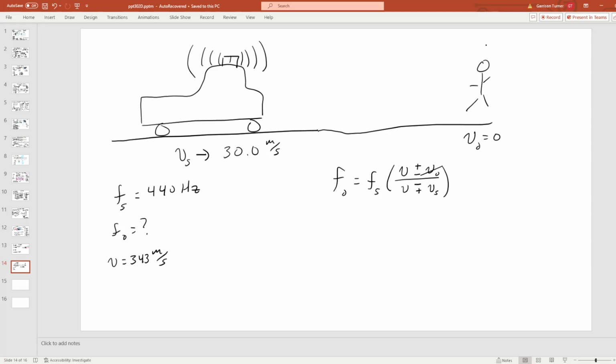If our observer's velocity were non-zero, it would matter whether they were moving in the same direction as the truck, just not as fast, or moving toward it.